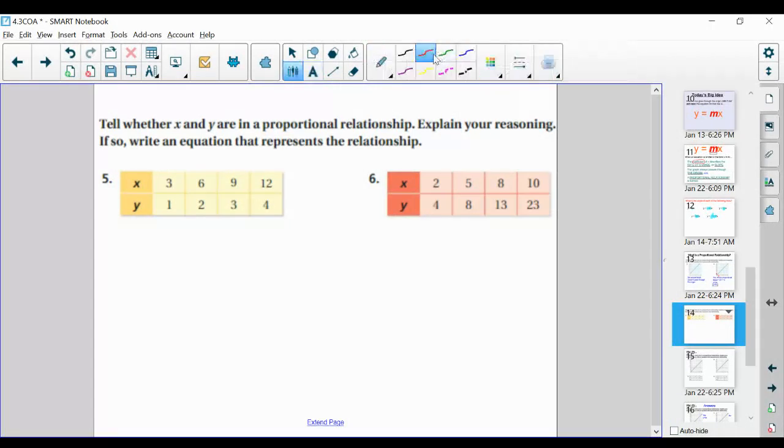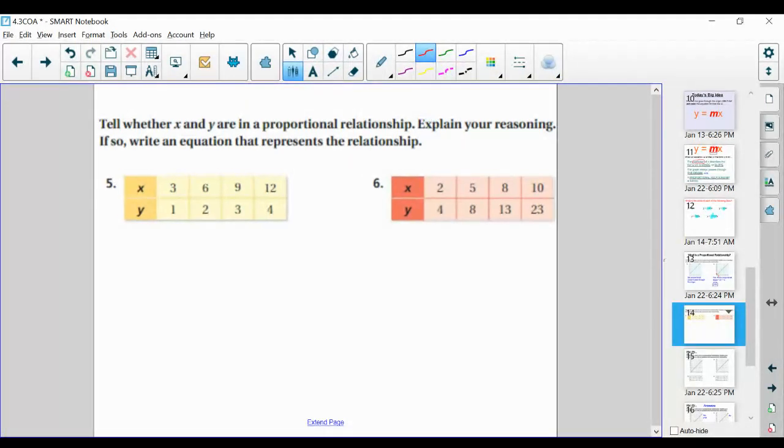What did I multiply by to get from 3 to 1? I multiplied by 1/3. I technically divided by 3, but we know that division is the inverse of multiplication. So we multiply by 1/3, we take 1/3 of something, or we divide it by 3.